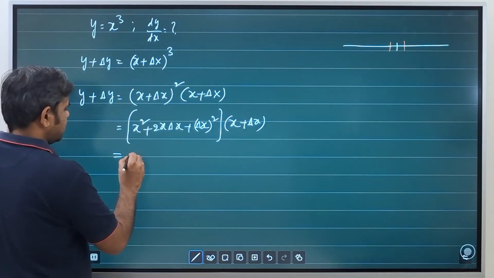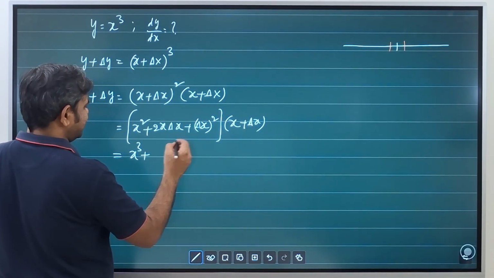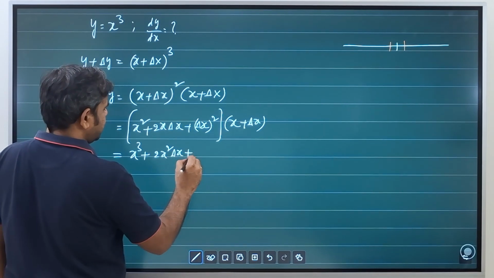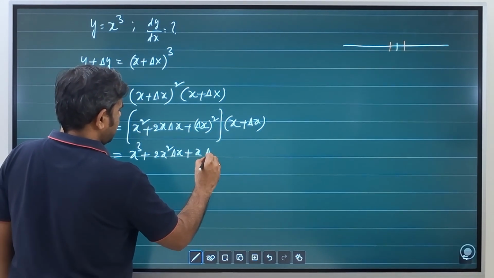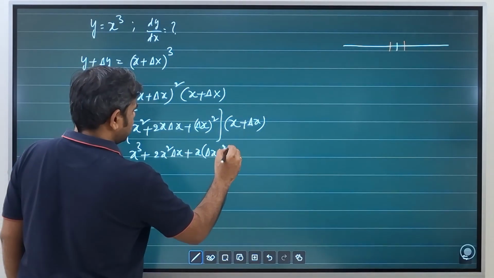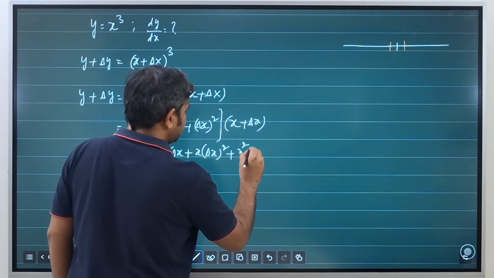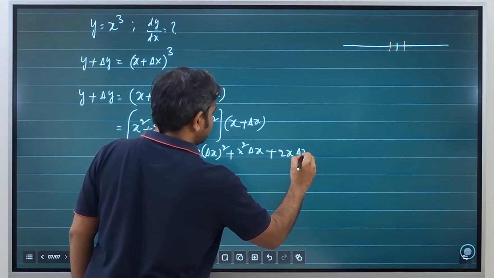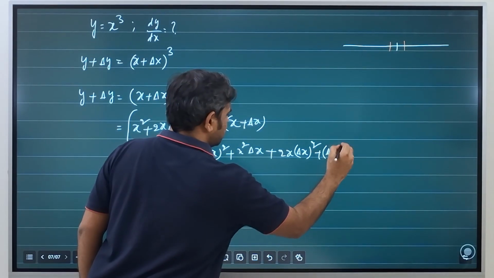Multiply this, you'll get x cube plus 2x square delta x plus x into delta x whole square. Next, multiply by delta x: x square delta x plus 2x delta x whole square plus delta x whole cube.